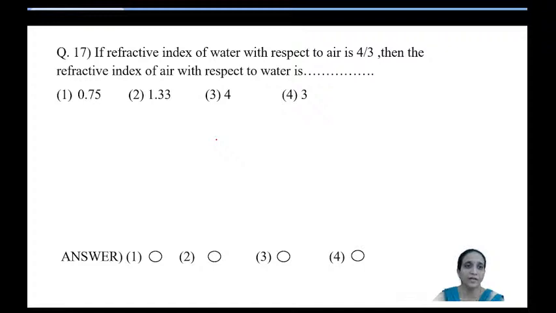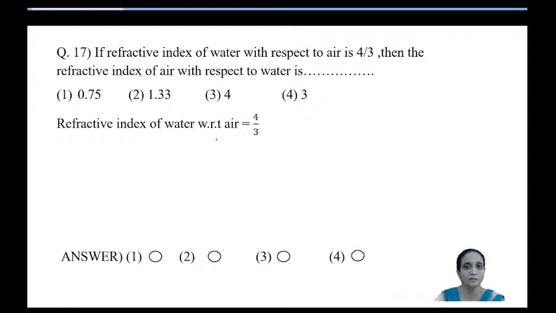Question number 17. If refractive index of water with respect to air is 4/3, then refractive index of air with respect to water is, first option is 0.75, second option is 1.33, third option is 4, and fourth option is 3. Refractive index of water with respect to air is 4/3.